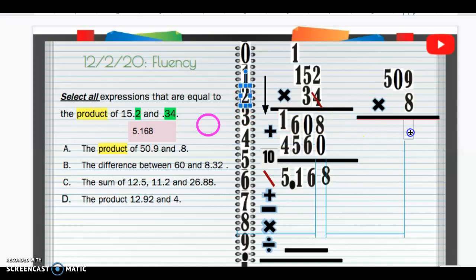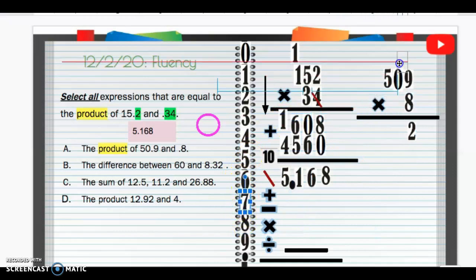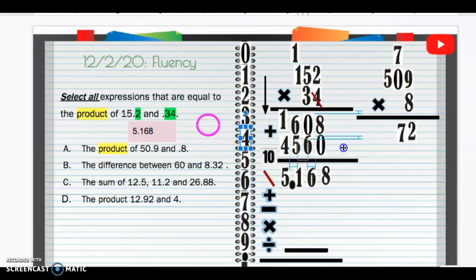So I put my 2 and then the 7 above. I ask myself now, 8 times 0. Well, anything times 0 is 0. So that's 0. 0 plus 7 is 7. And then 8 times 5 is 40. So I put my 4 and then my 0.